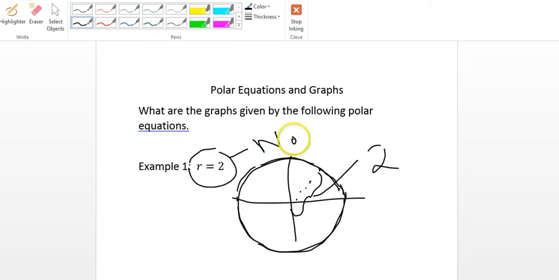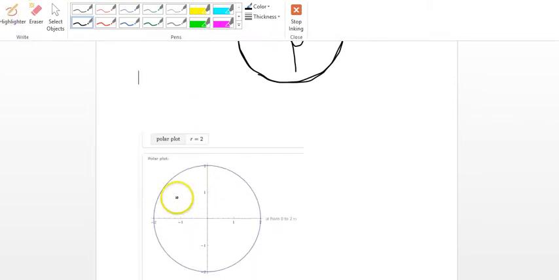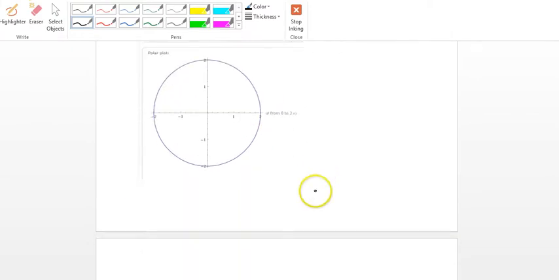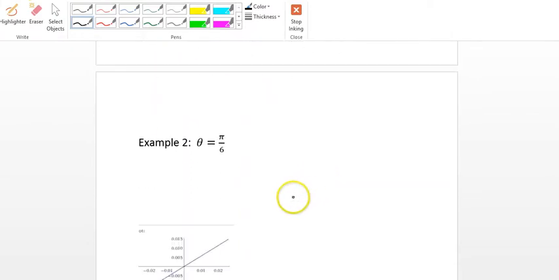So this equation actually represents a circle of radius 2. Right, so that's our first example. Now here is a better graph of the equation than what I drew. Now let's look at a second equation.